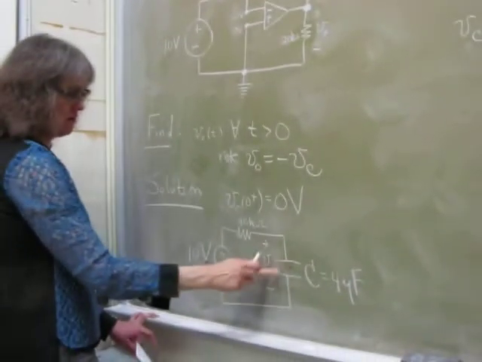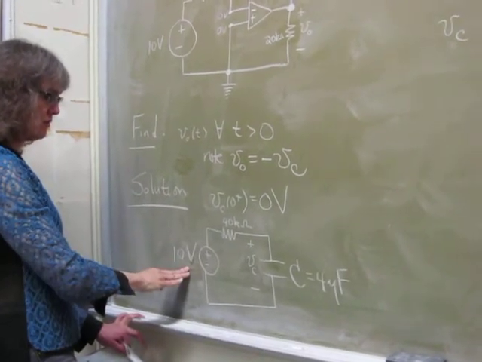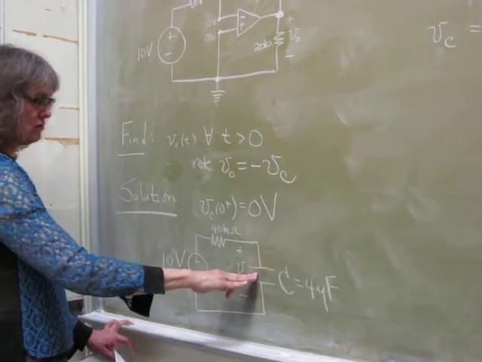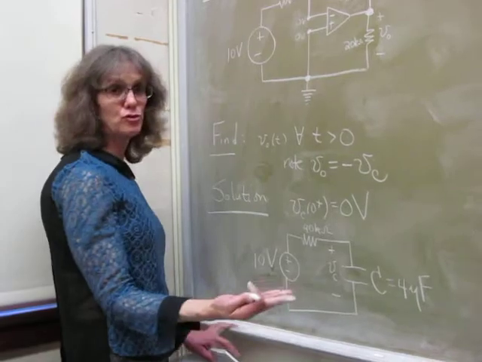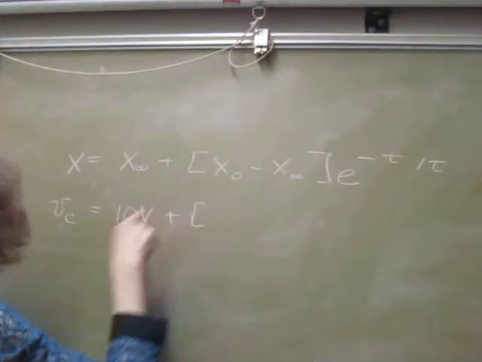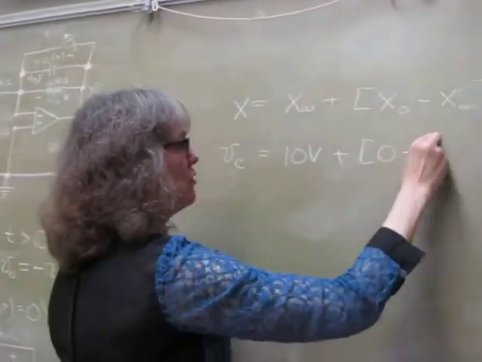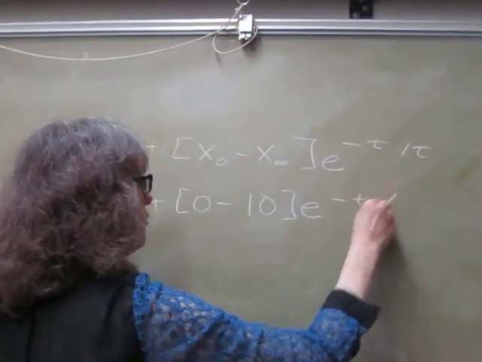Remember, you can just look at that quickly by saying it's a constant source. The capacitor acts as an open circuit to a constant source, so there's no current through here, so the voltage is 10 after a long time. So 10 volts plus the initial, remember we found that, is 0 volts, so 0 minus 10 times e to the minus t over tau.